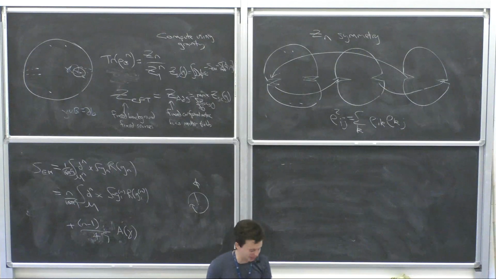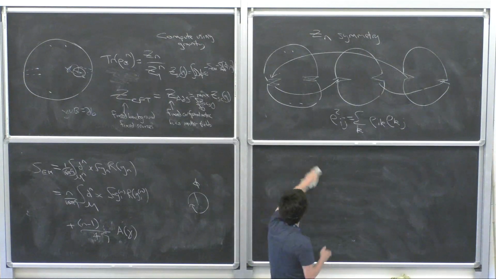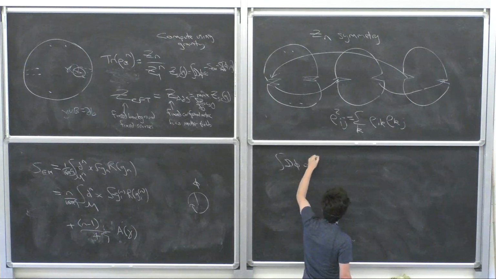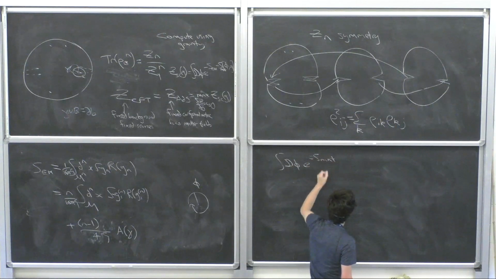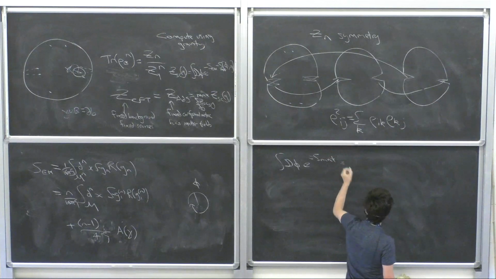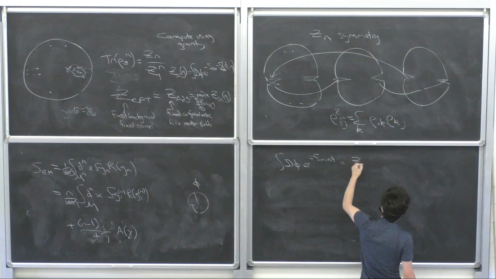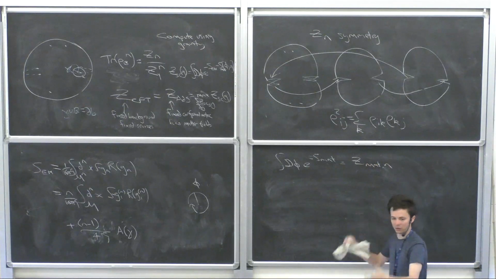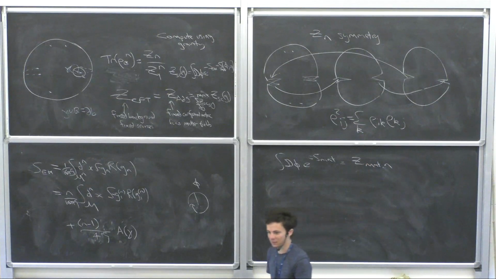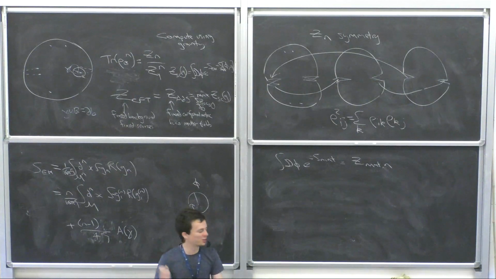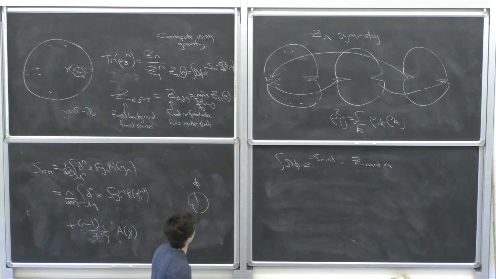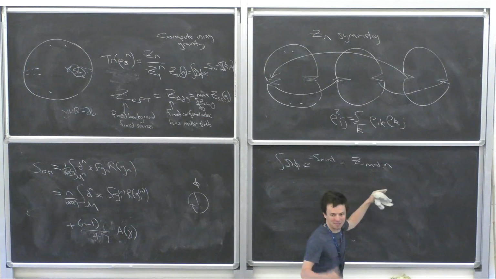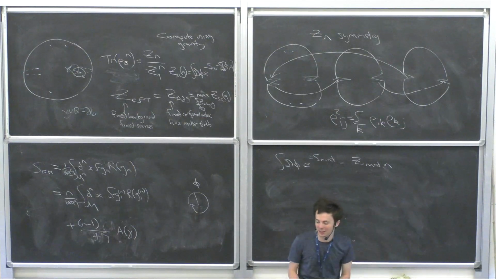Okay, so the one remaining thing we need to deal with is this integral d phi of e to the minus S matter, which we can just think of as Z matter on the n-fold replicated geometry. But I already told you, way back at the beginning, what the path integral of some matter theory over an n-fold replicated geometry is.